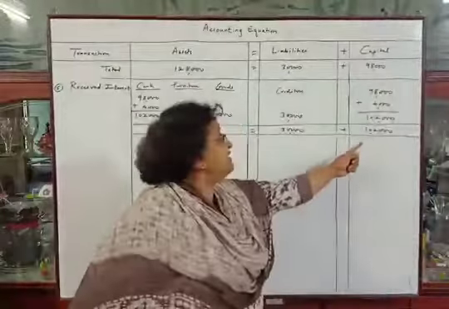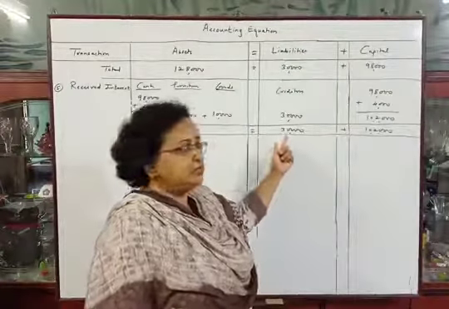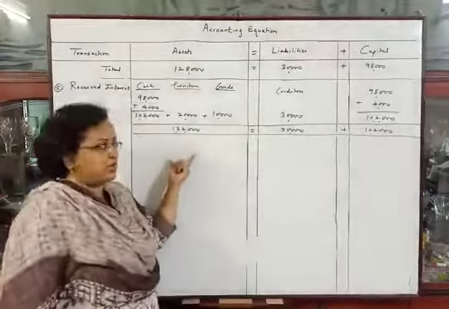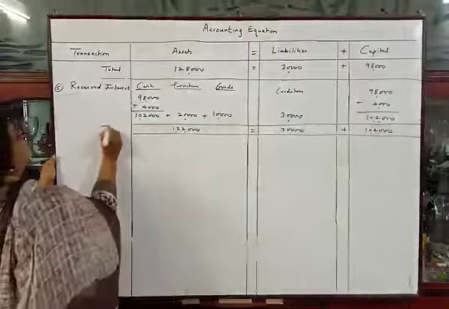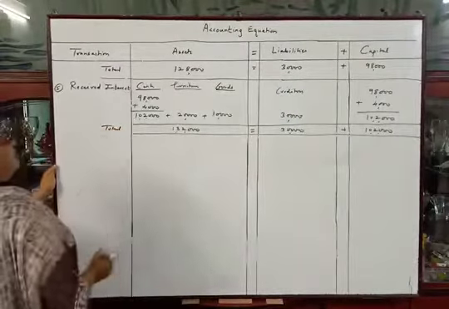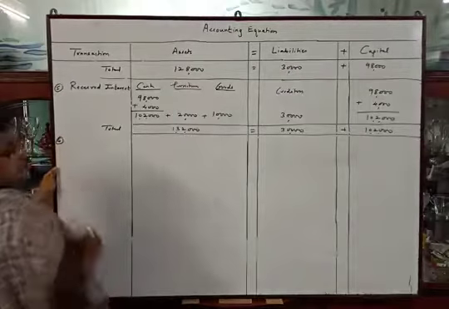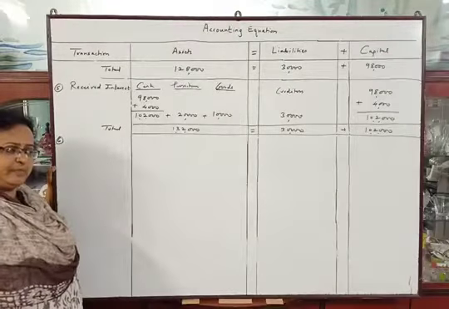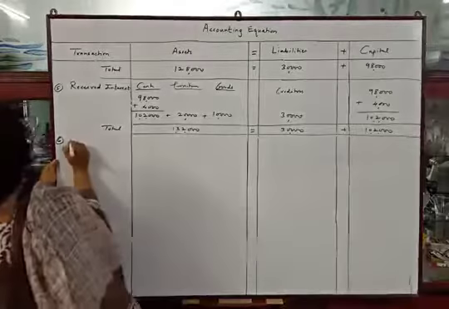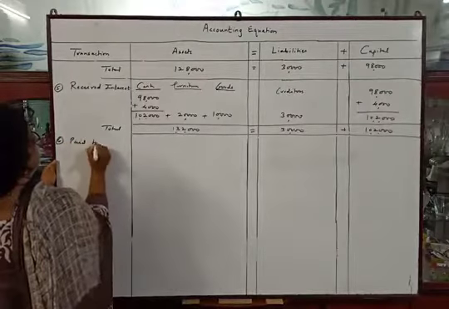The total of capital and liabilities will be 1,32,000 is equal to 1,32,000. So now the sixth transaction. Sixth transaction is paid to Amit rupees 10,000. So paid to Amit.